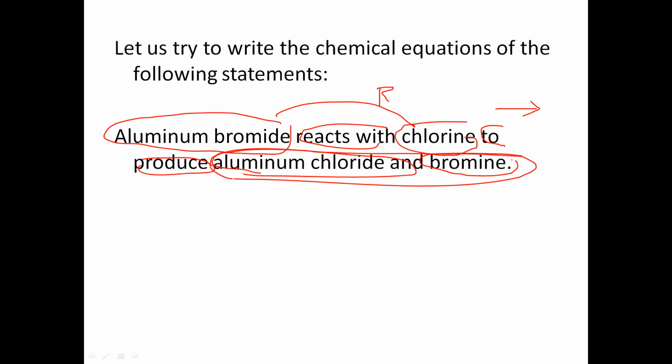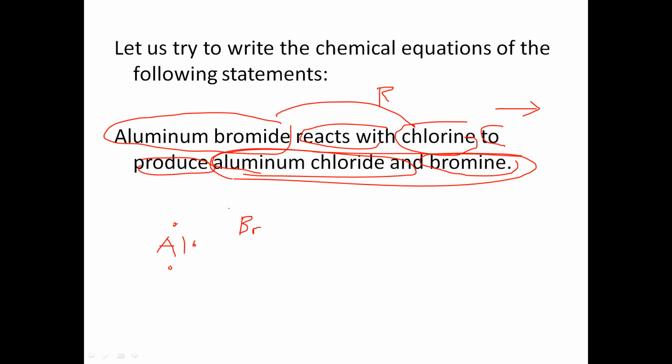So, aside from knowing the diatomic elements, you should also be knowledgeable in how to convert the chemical names into chemical formulas. We know that for aluminum bromide, aluminum is a metal and bromine is a non-metal. So you should know the oxidation state. The oxidation state of aluminum is 3 plus because it has 3 valence electrons. And you know that bromine has 7 valence electrons.